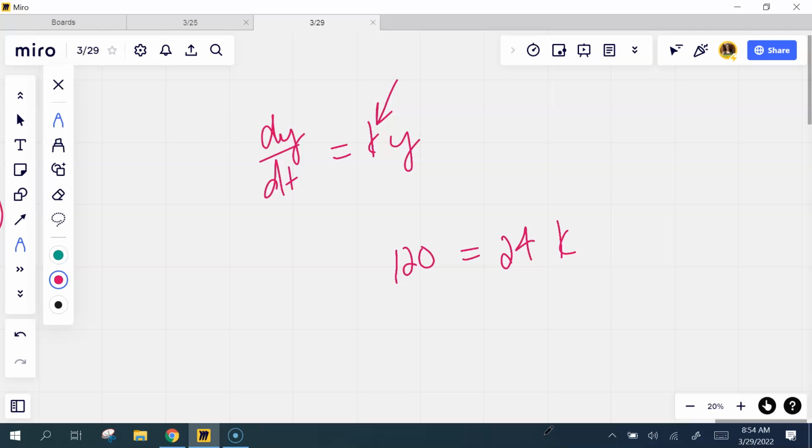Increasing. What did I do here? I have 24 equals 120k. Oh, yeah, dy/dt is 24. The rate is 24, because this is grams per day, equals 120k.